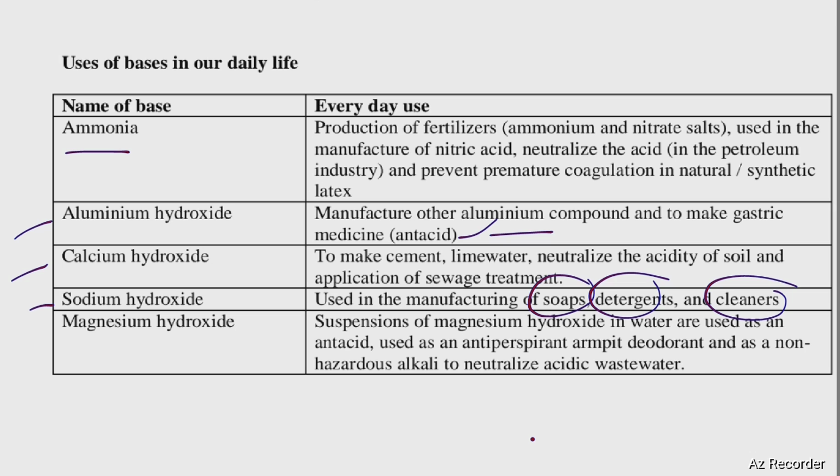Certain people, when they have acids or gas and stomach pain, are told to take magnesium. The medicine is filled with magnesium hydroxide, so it can work against the acid in the stomach. It is also used as an antiperspirant in armpit deodorant, and as a non-hazardous alkali to neutralize acidic wastewater. So these are just some of the uses of bases. There are many uses.